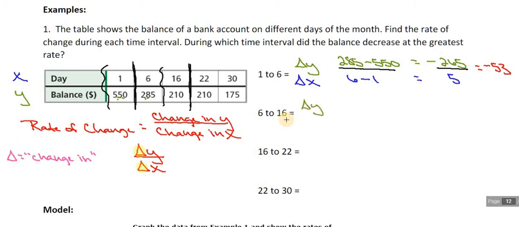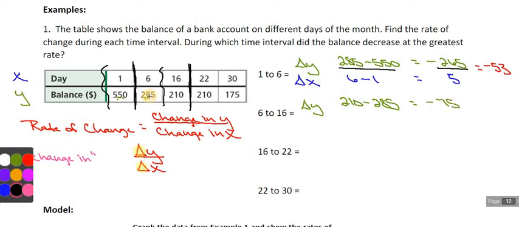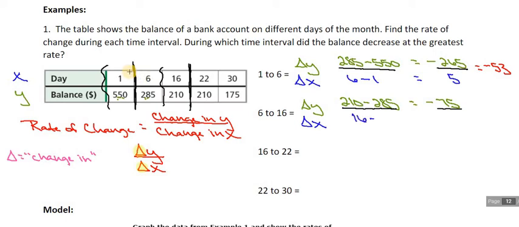My change in y, I went from 285 to 210, so I need to do 210 minus 285, which gives me negative 75, over my change in x's. I went from day 6 to 16, so 16 minus 6 gives us 10. That was a 10-day interval, so negative 75 divided by 10 gives us negative 7.5.